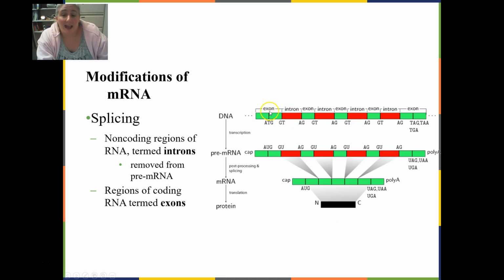Exons are the regions that code for protein. They express the protein. Introns are regions that don't code for the protein. We have to cut out all of these introns and splice together the exons. And then we have this protein-coding messenger RNA.